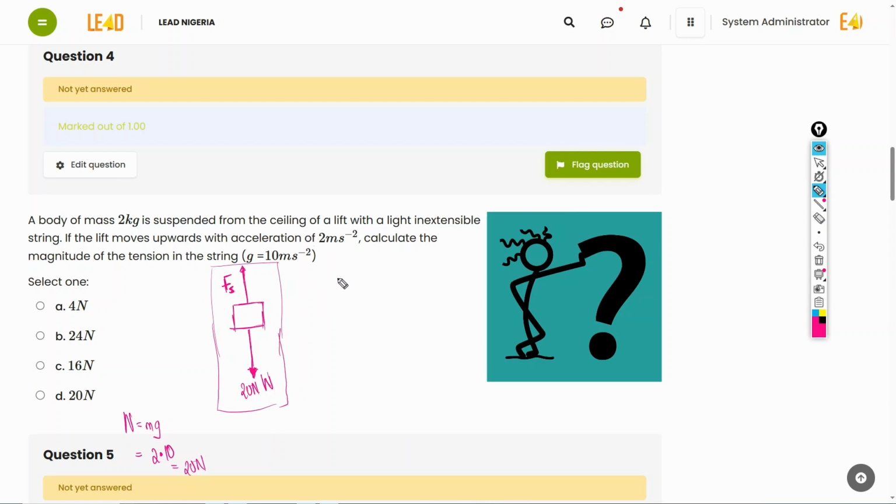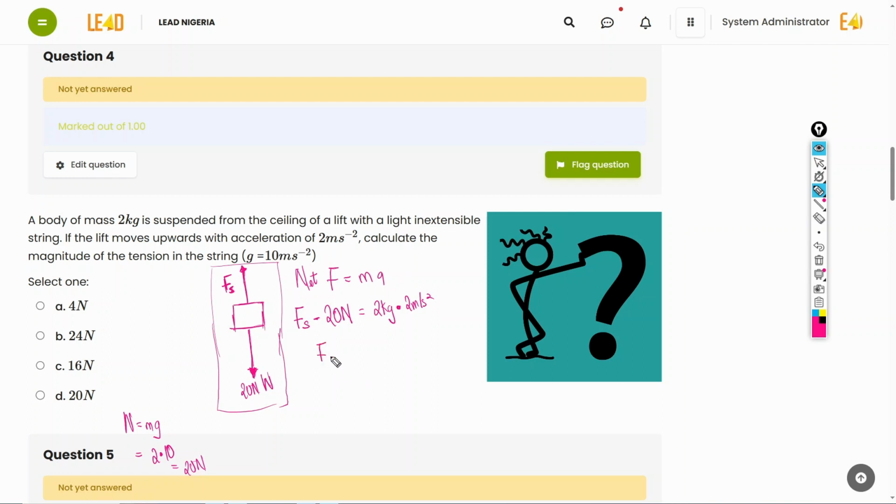So we use Newton's second law, F is equal to ma, where this is the net force, right? So for this system, I'll call Fs positive, upwards positive. So the net force would be Fs minus 20 newtons, because the 20 newtons is facing downwards, is equal to the mass of 2 kg times the acceleration of the system, which is 2 meters per second squared.